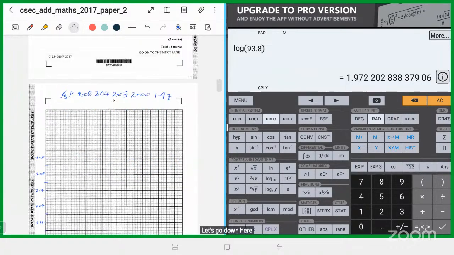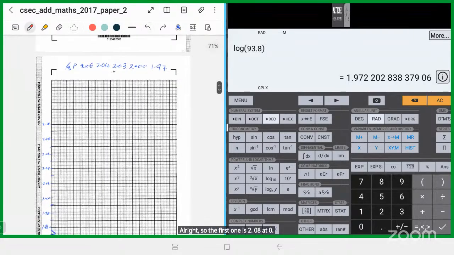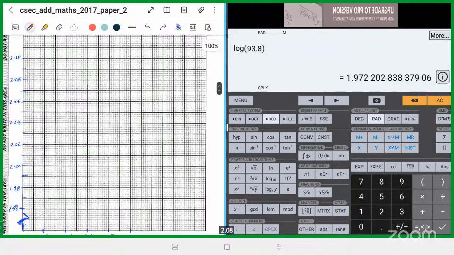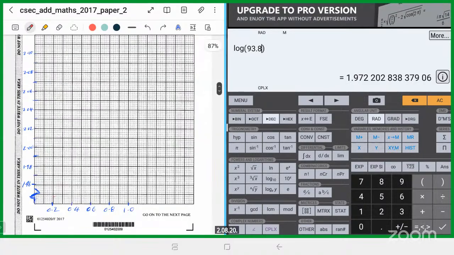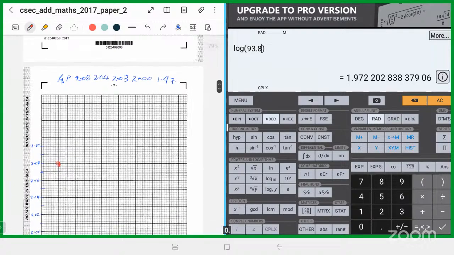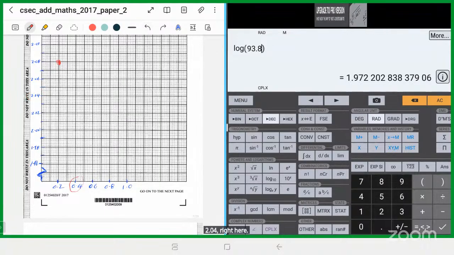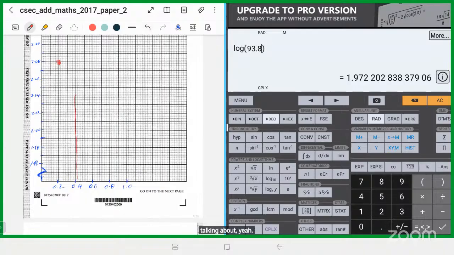So the first value is 2.08 at 0.2. 2.08 is right here. That's a point. Next value is 2.04. So 0.4 is 2.04. 2.04 is right here at 0.4. This point right here.